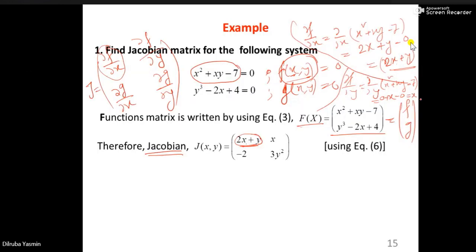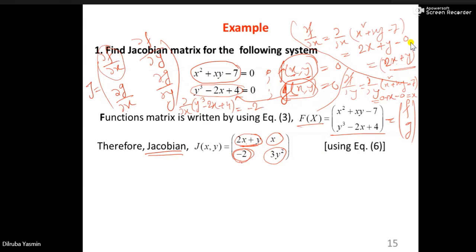So finally you will get x. So del f del y is x. If you do del z del x, then you will get minus 2. If you do del z del y, then you will get 3y square. I will show you del x of z. What about the z function? This is y cube minus 2 times x plus 4. What do you get from here? Only minus 2. That's why this minus 2 is written here.